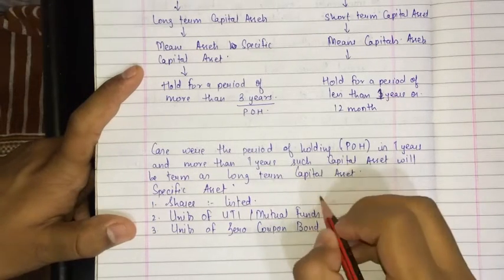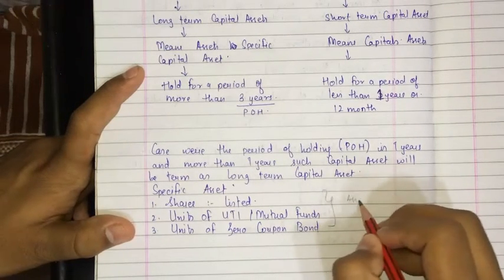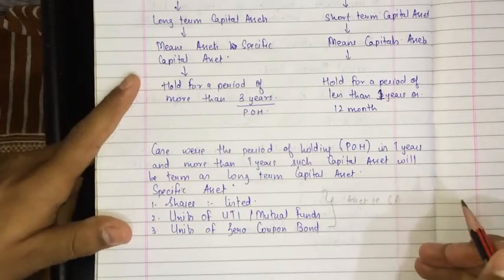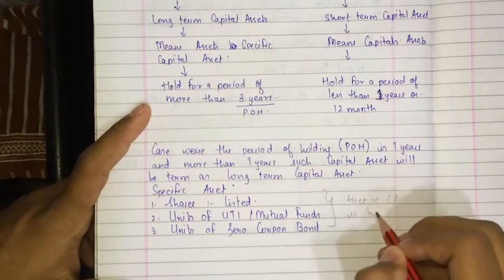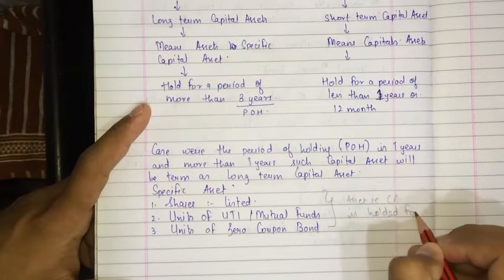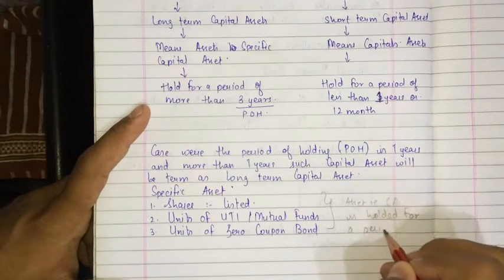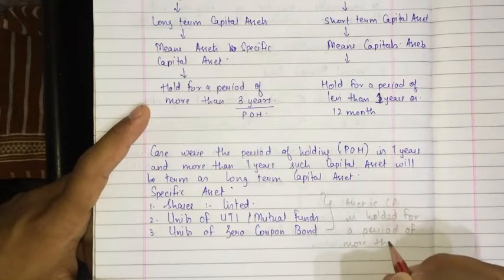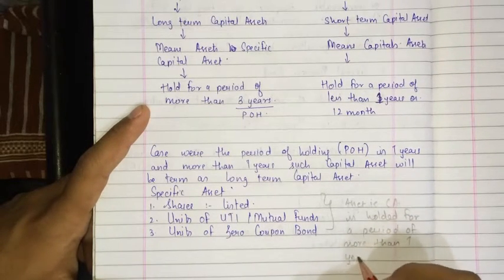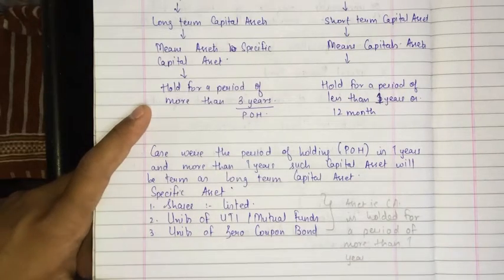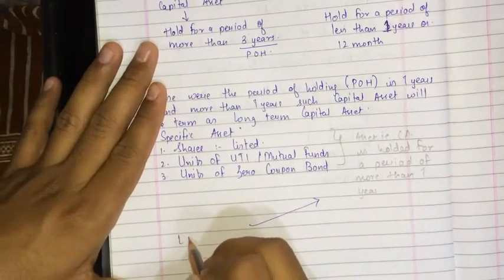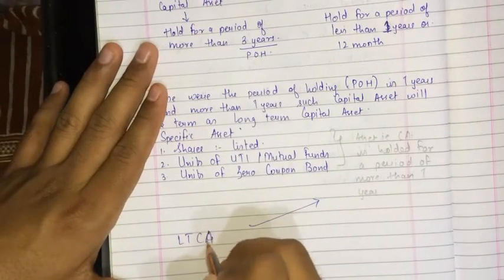If this capital asset, CA means capital asset, is held for a period of more than 1 year, then they will be termed as long-term capital asset.